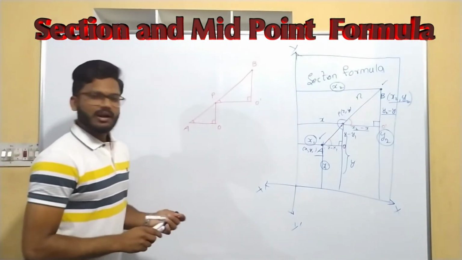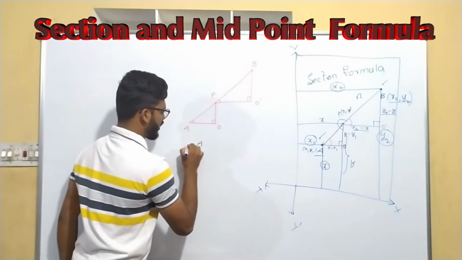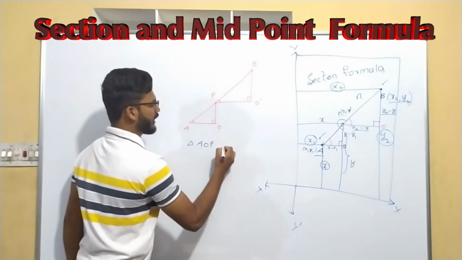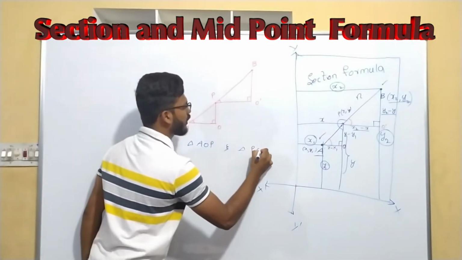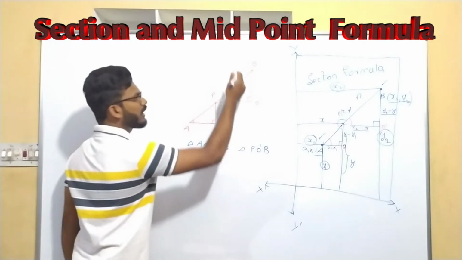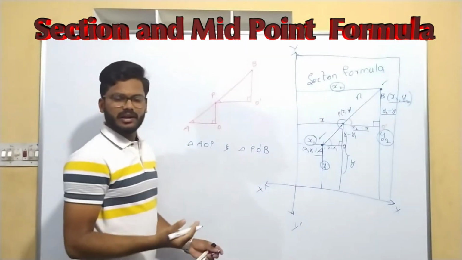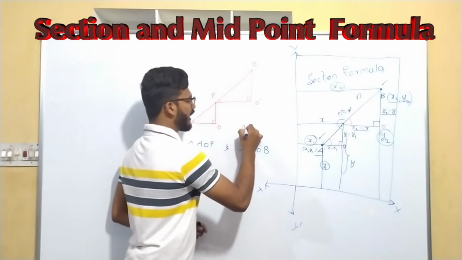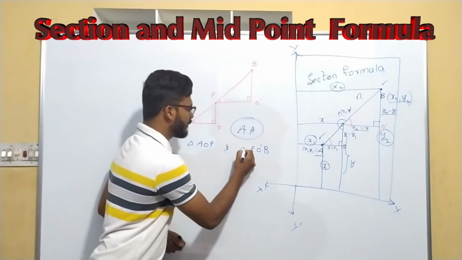Now, what I can tell from these two triangles, triangle AOP and triangle PO dash B are similar. Why? As two angles are equal, by AA similarity, you can tell these two triangles are similar.